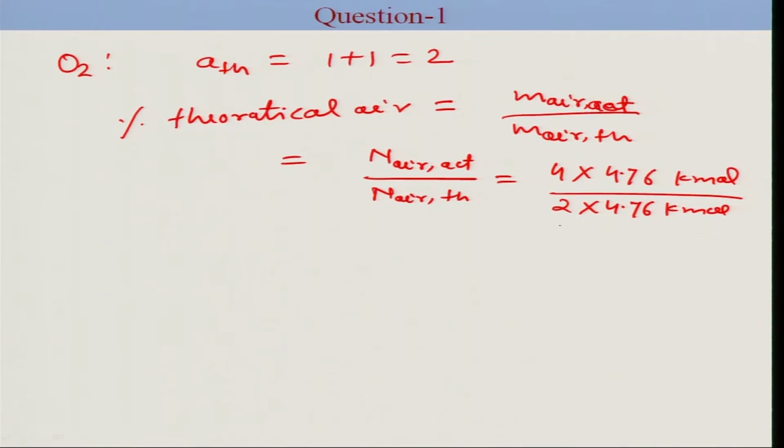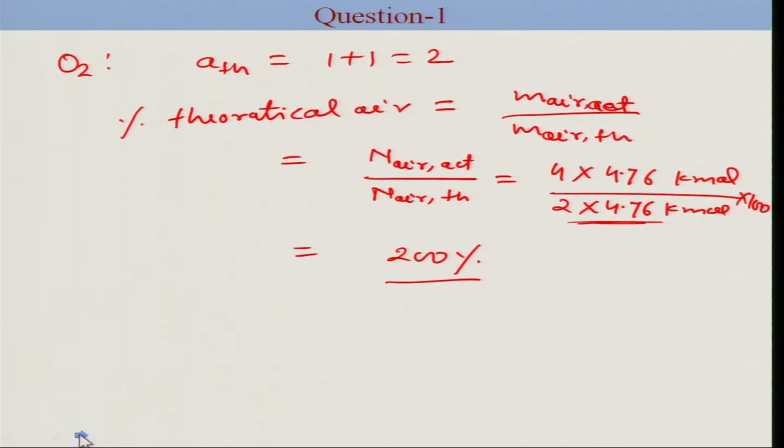This comes from theoretical combustion. Into 100. Now to get a percentage, so this gives 200% of theoretical air.